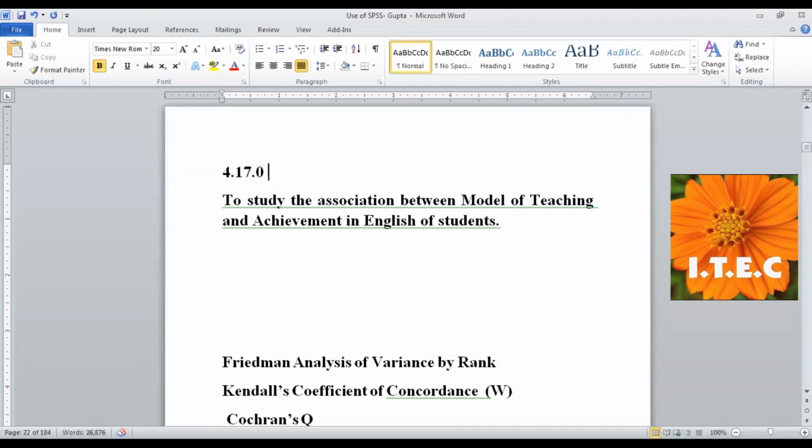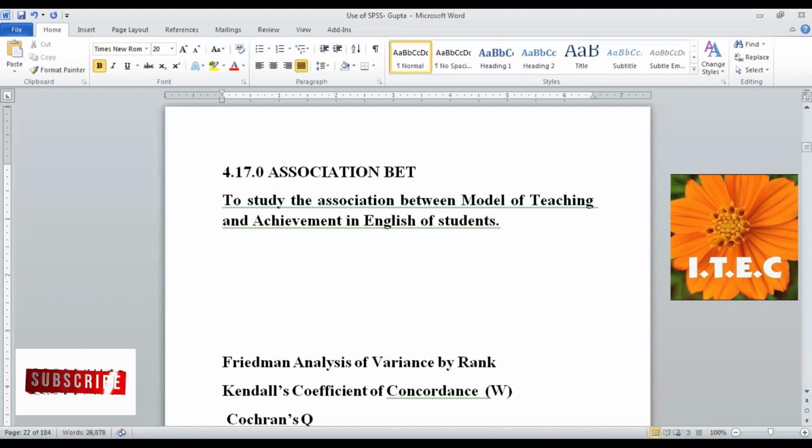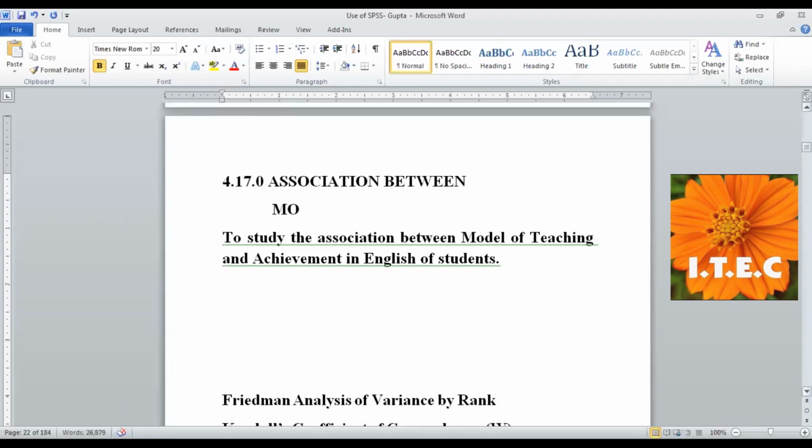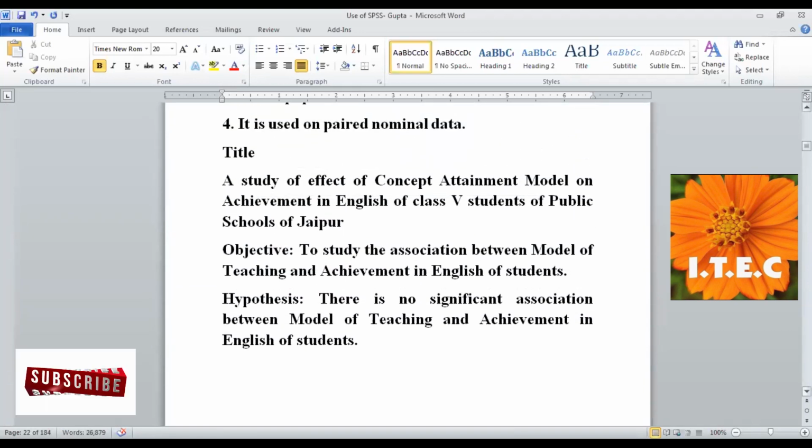So it is association between concept attainment model, because here I think I wrote concept attainment model.